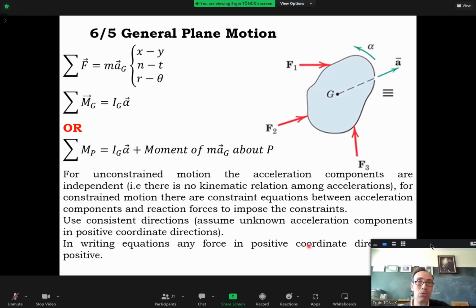Any force that's along the positive coordinate direction is positive. Also, if you have action-reaction pairs, use them consistently. If this is the action, the reaction is collinear, equal and in the opposite direction. So that's all. We have to draw free body diagrams and do all of those.